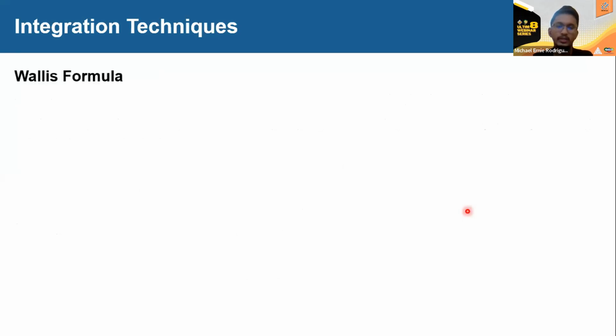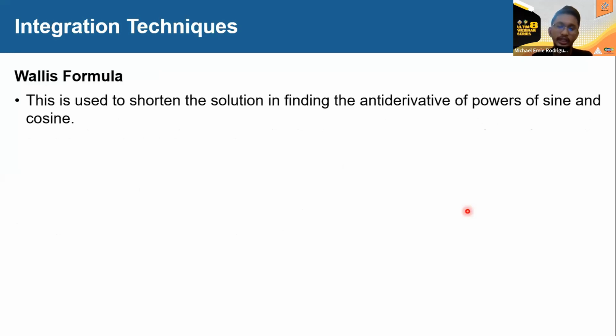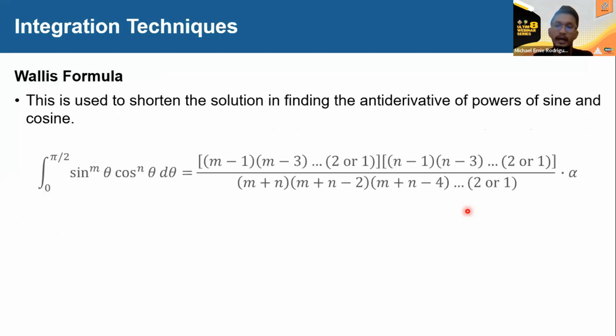And then we have this Wallis formula, kung saan ito ginagamit. This is used to shorten the solution in finding the antiderivative of, take note, powers of sines and cosines. So we have this formula for the Wallis formula. So we have the integral of sine raised to m theta times cosine raised to n theta d theta.